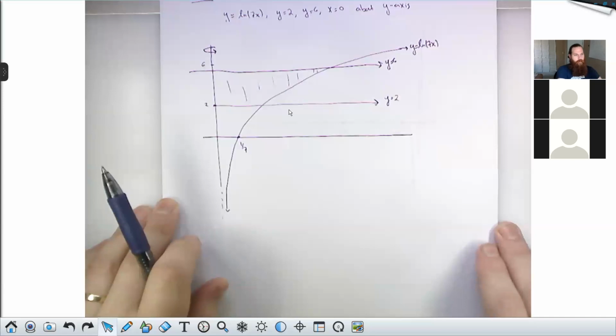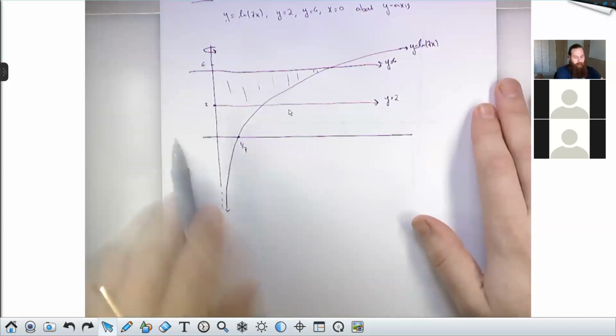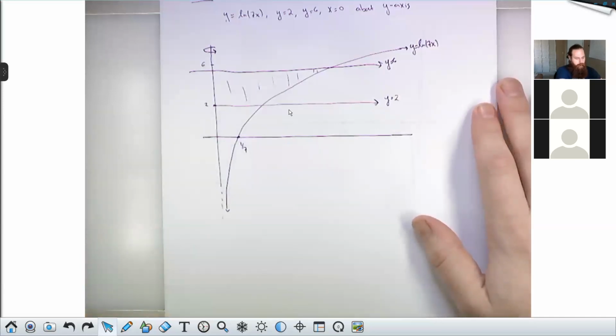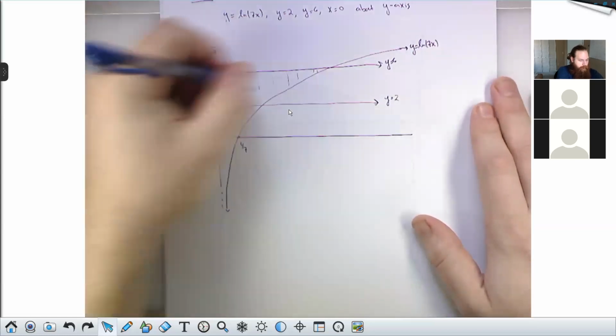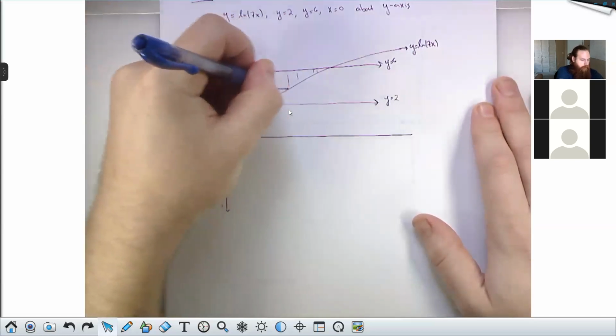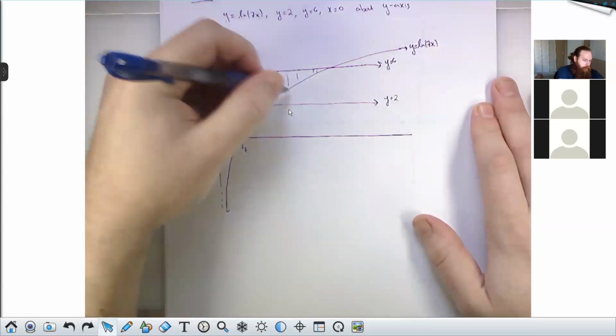So next I'm going to come in here and draw my strip. Since I'm using the methods of 6.2, the disc washer method, my strip will go perpendicular to the axis of rotation, which means my strip will look like this.